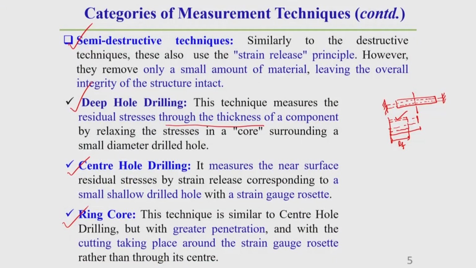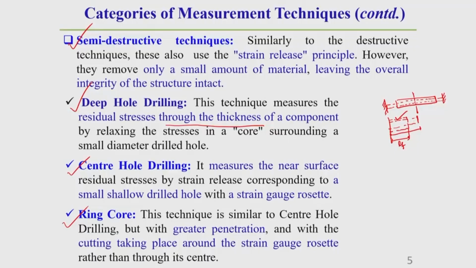You should keep this in mind. Through the thickness we gradually release the strain, and that strain we can measure using a specially designed strain gauge. That strain gauge can be an electrical strain gauge or a mechanical strain gauge. Especially for deep hole drilling, we use a mechanical type of strain gauge. How that works I will discuss in a subsequent slide in detail.